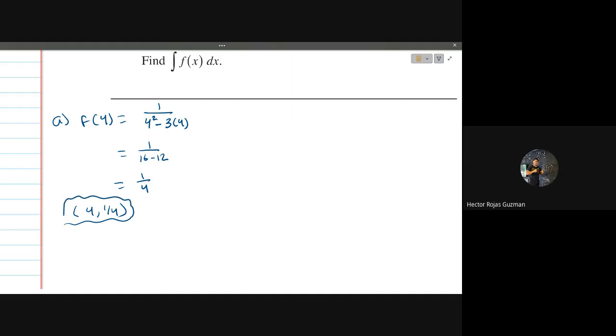Now I need the slope. Well, we already got the derivative. We just have to plug in k. My derivative f prime of x, when k is equal to 3, is 3 minus 2x divided by x squared minus 3x, squared.